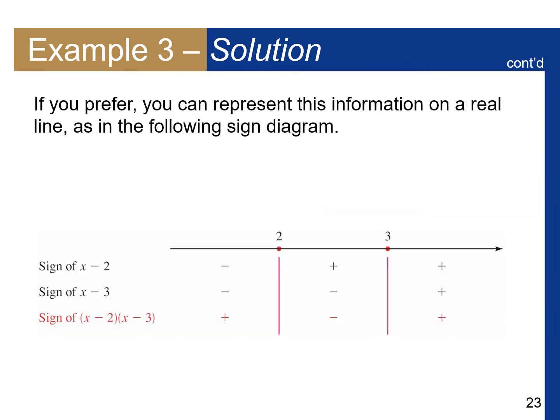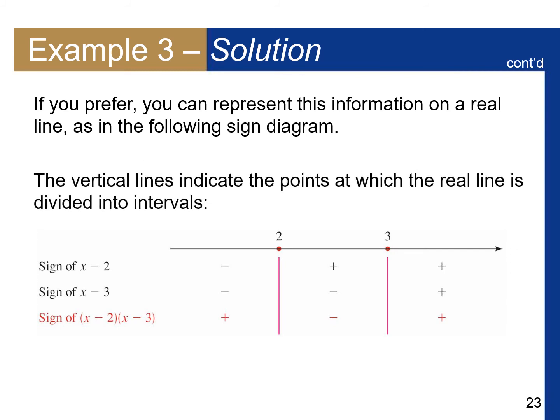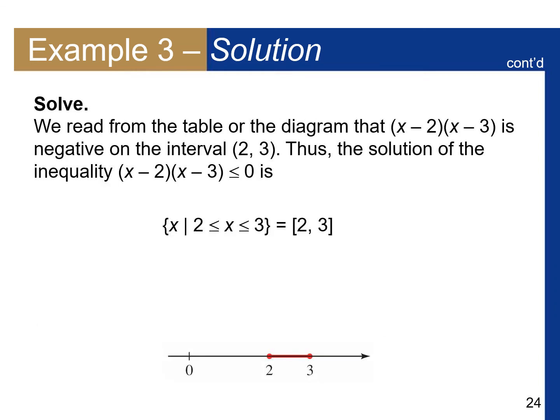Okay, so now that I know that this is positive, negative, and positive, and the vertical lines indicate the points in which the numbers are that will give us 0 on the bottom, I see that x will be greater than or equal to 2 and less than or equal to 3.